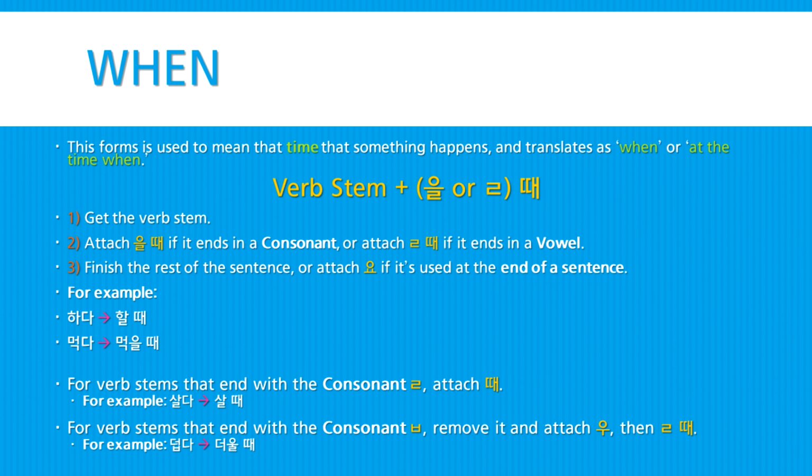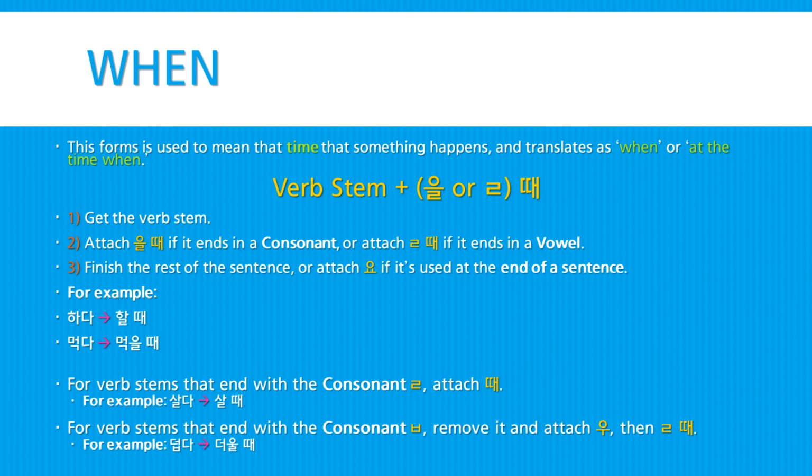For example, 하다 would become 할 때, and 먹다 would become 먹을 때. For verb stems that end with the consonant ㄹ, attach 때. So the verb 살다, to live, would become 살 때. And for verb stems that end with the consonant ㅂ, remove it and attach 우 like usual, followed by a ㄹ and then 때.